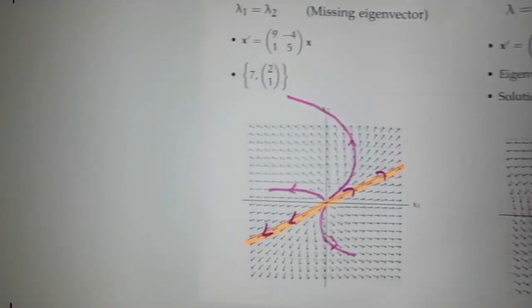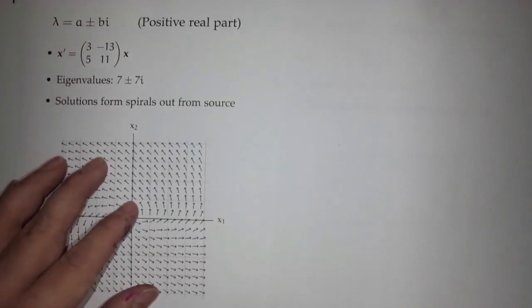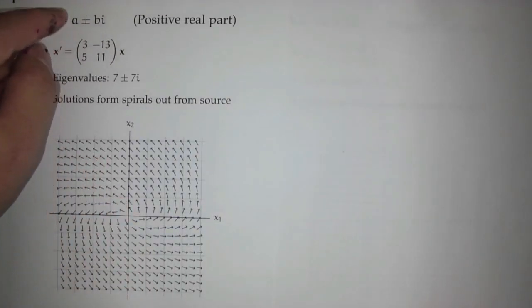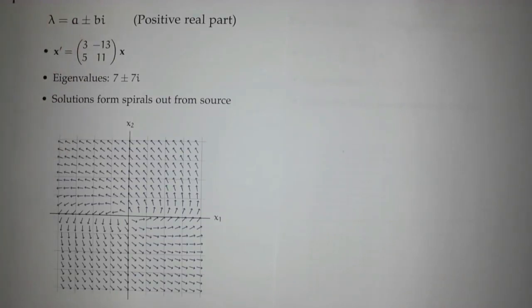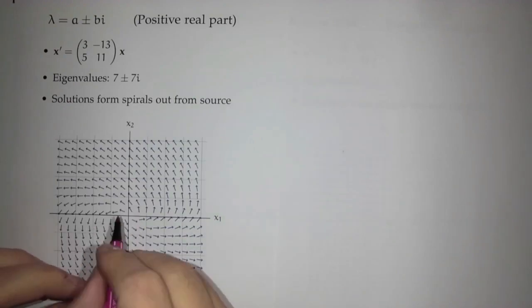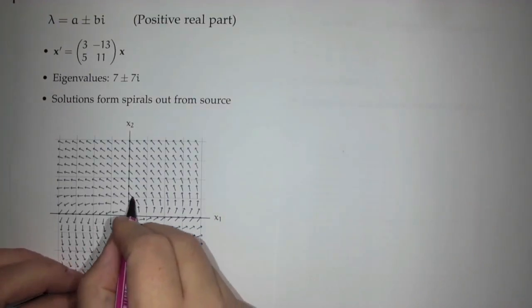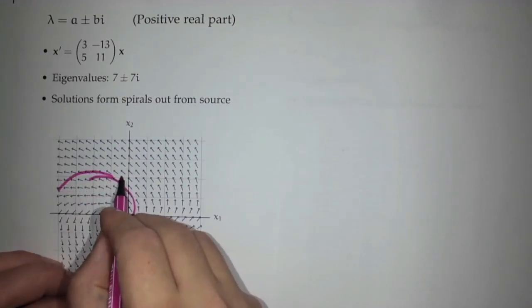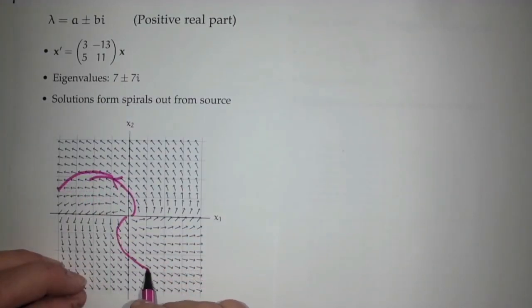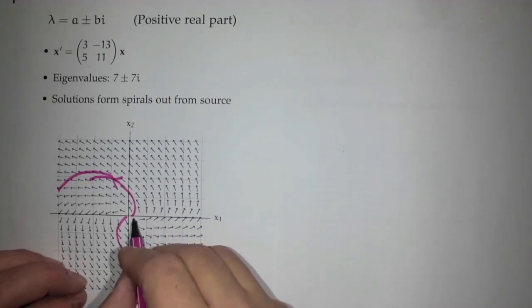Now that's if you're pure imaginary. Well, you don't have to be pure imaginary. You could have a positive real part. If you have a positive real part, that means you have something that looks like e^(at). As time goes forward, what happens to e^(at)? It gets big. And so you're going to move out, so that you have spirals that move away from the origin.